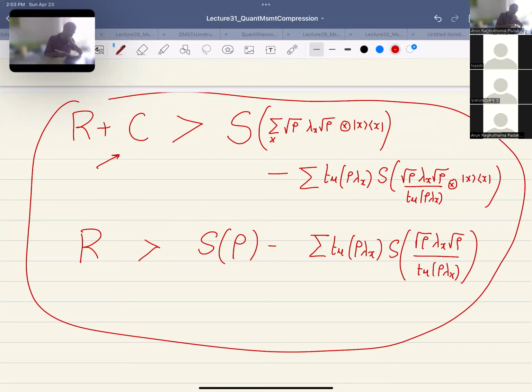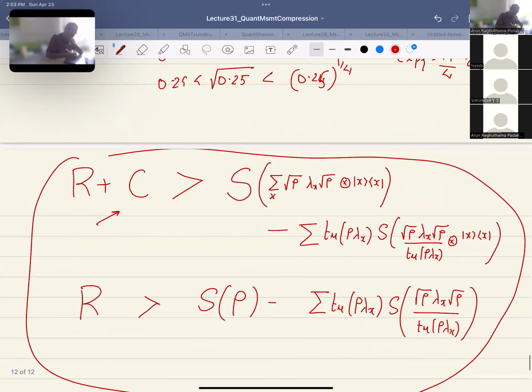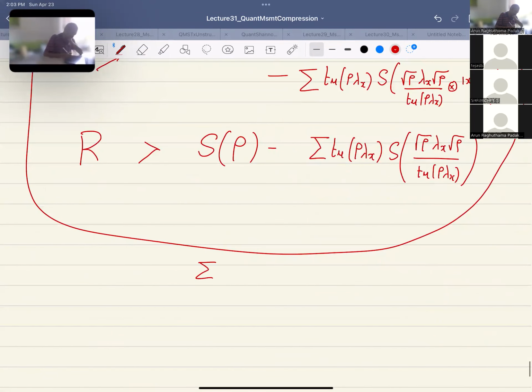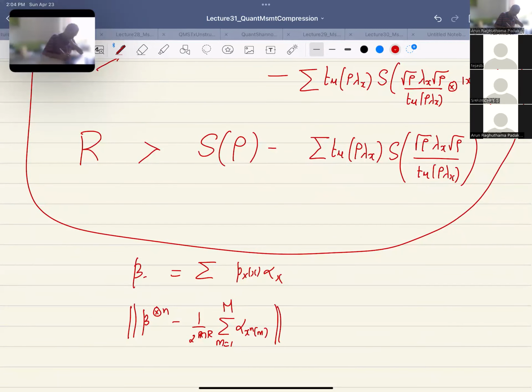And just go look at it. If you remember, if you have alpha x, p x of x, so this is alpha x, this is beta. Then beta tensor n minus 1 by 2 power nR, m equal to 1 through capital M, alpha xn of m. This is small.